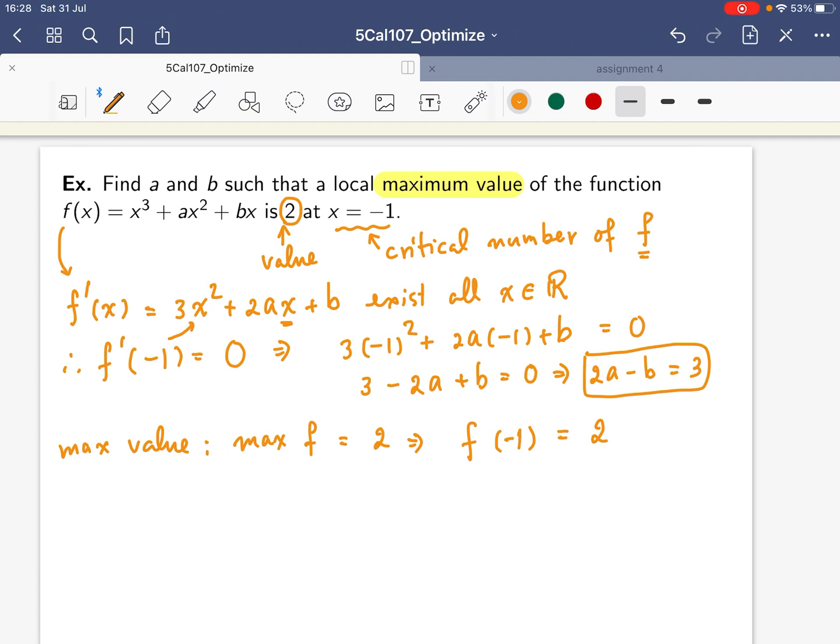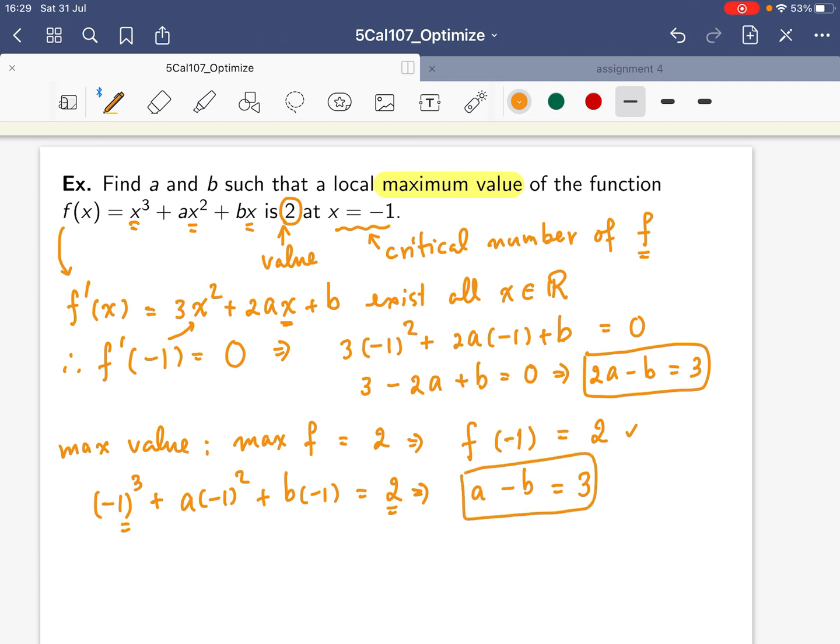Right now it is at -1, so here is another relation. You plug in x equals -1, so you have -1 cubed plus a times -1 squared plus b times -1 equals 2. So you get a minus b equals 2 plus 1, so you have 3, right? Here's another relation between a and b.